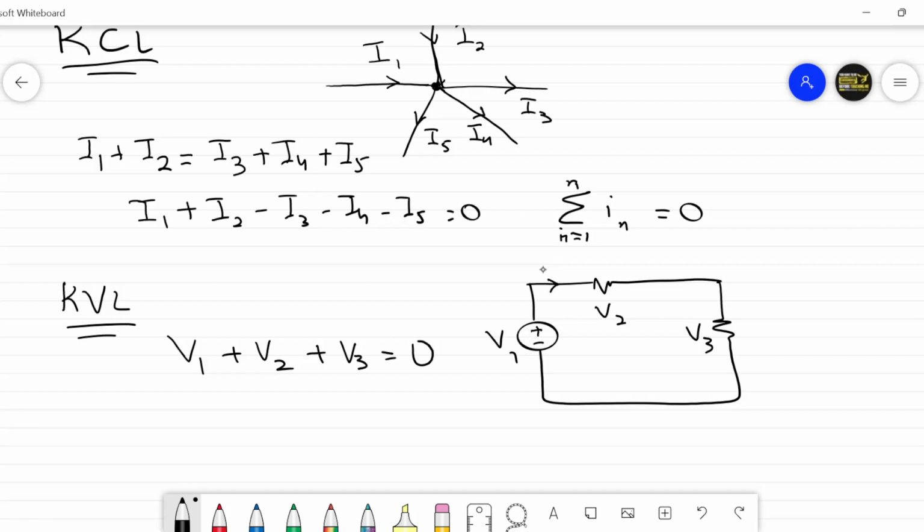Now if a current I is flowing through this circuit, the resistance of this element is, for example, R1, and the resistance of the other element is R2.